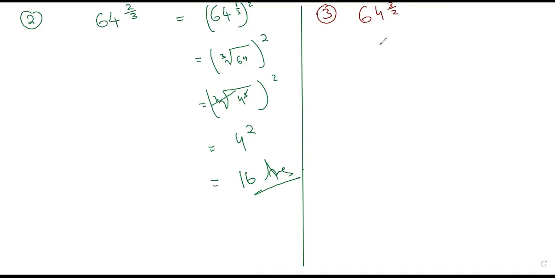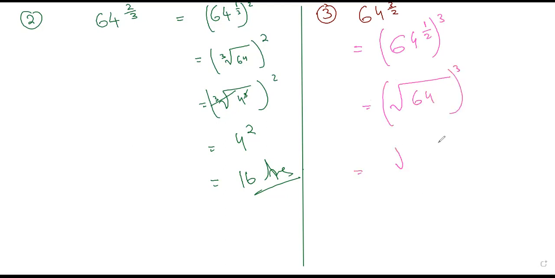Now again, if we do it this way, 64 power 3 whole 1 by 2, yes, that would be correct, but it would be very complicated. So it's much better that I take the square root first, that is 64 power 1 by 2 whole power 3. This would be the square root of 64 whole 3.